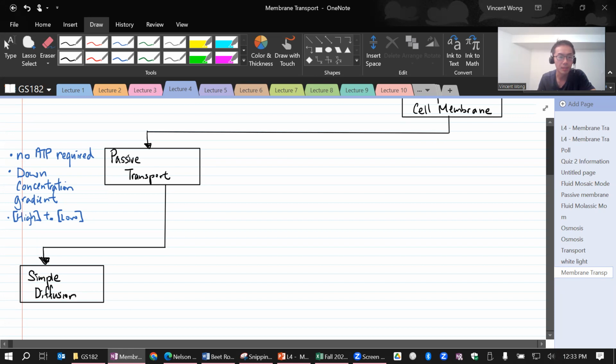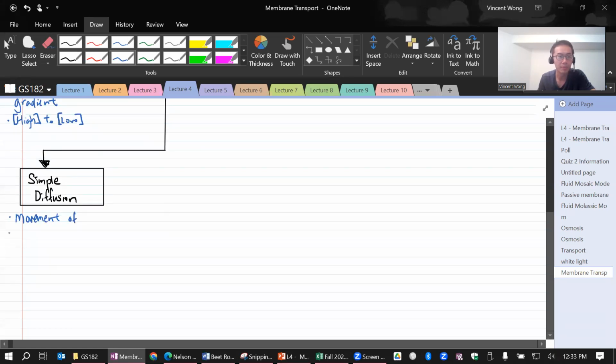So simple diffusion is just the movement of substances, of molecules down its concentration gradient without any help.